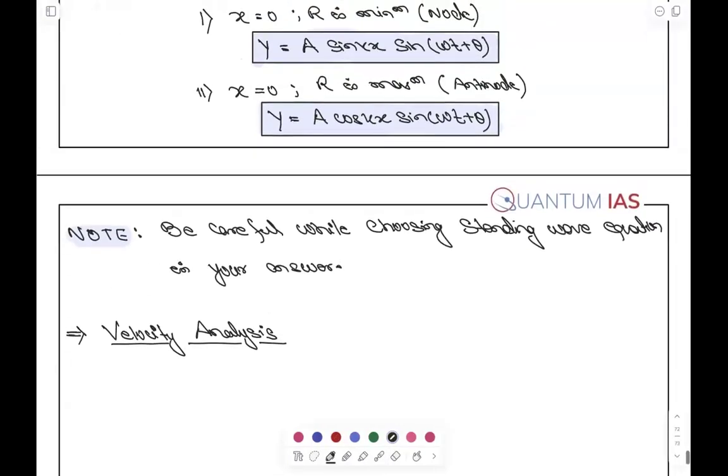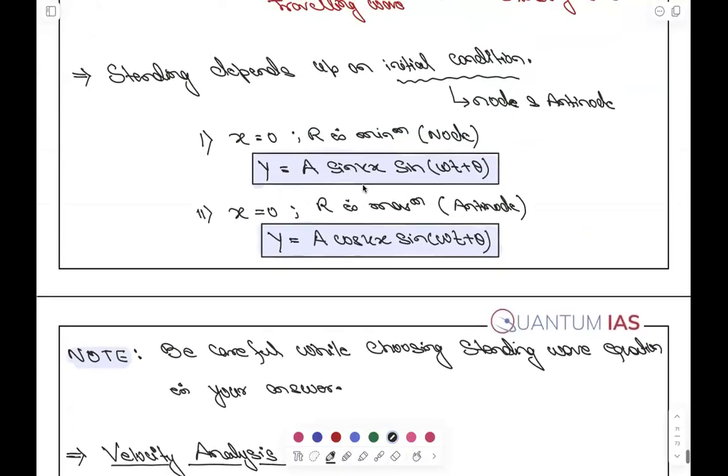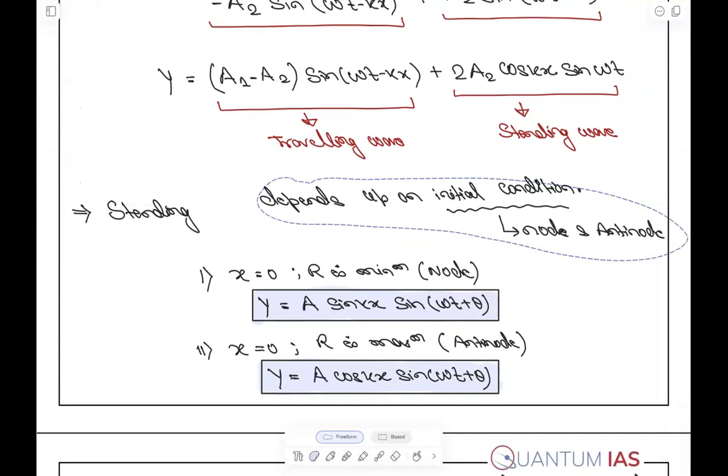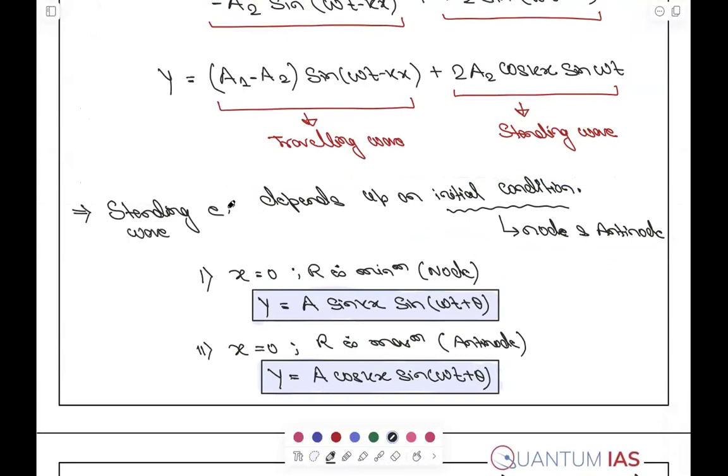Standing wave depends on initial conditions. The word is equation, sorry: we should use the standing wave equation. Whether we should use this one, a sin omega t or a cos kx sin omega t, that depends upon our initial condition.